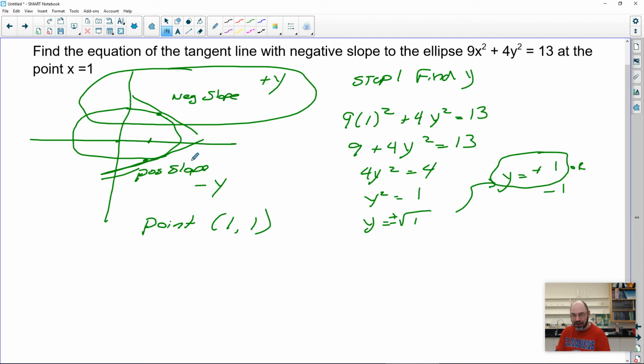Okay, so now the second step, after you've done that, you've got to find the derivative of the equation because the derivative equals slope. So step 2 is to find your derivative.